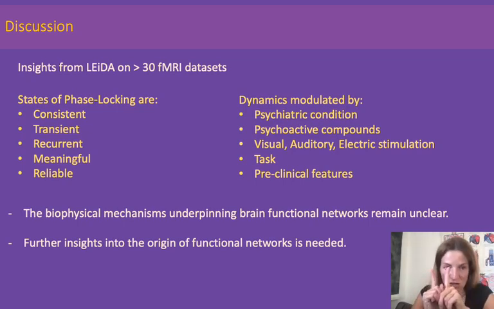They are transient, short-lived, recurrent, meaningful, and reliable. And importantly, the dynamics, these trajectories in state space, and the stability of these networks are altered in psychiatric conditions. They can be modulated by psychoactive compounds.